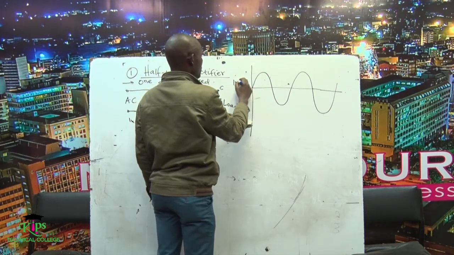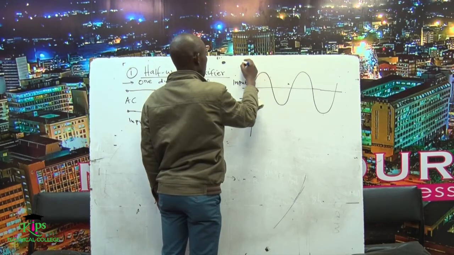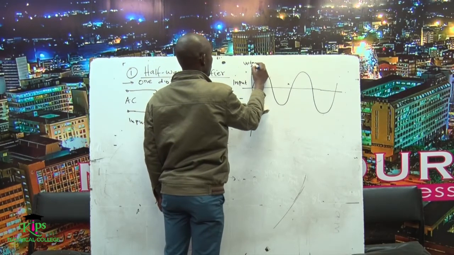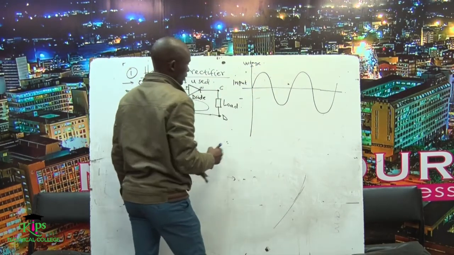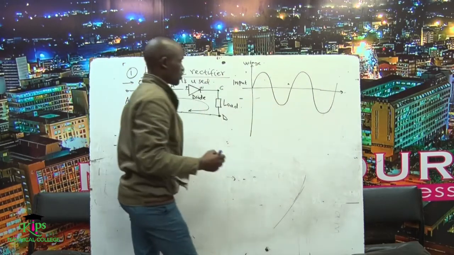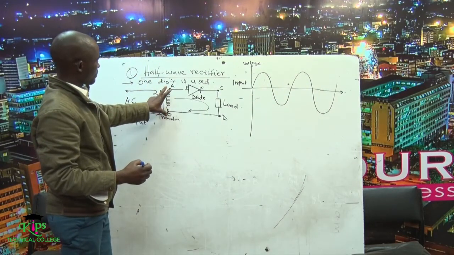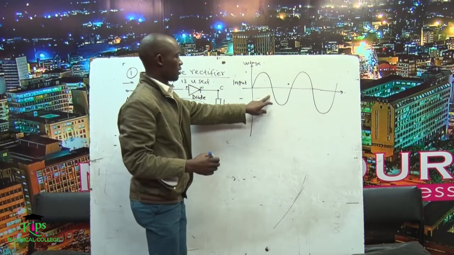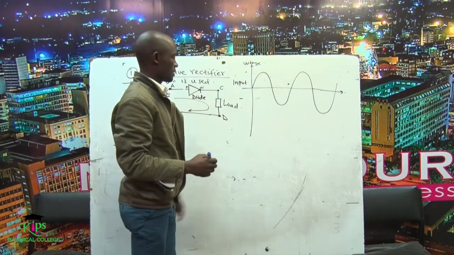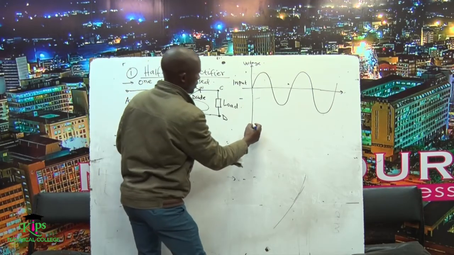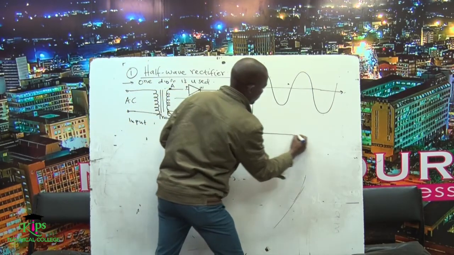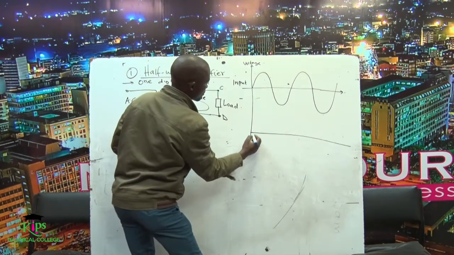So this is the input, and remember this is our voltage. If you put your CRO at this particular point, this is the kind of waveform that we expect to see. But after rectification, this is what you will be able to see.